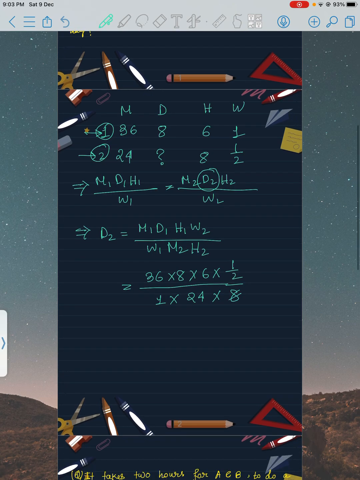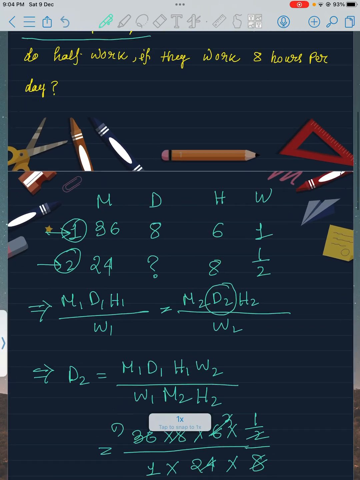So solve this. Cancel out, 3, 3, 8. So the answer is 9/2 days. I think it is clear now. You can take a screenshot also.